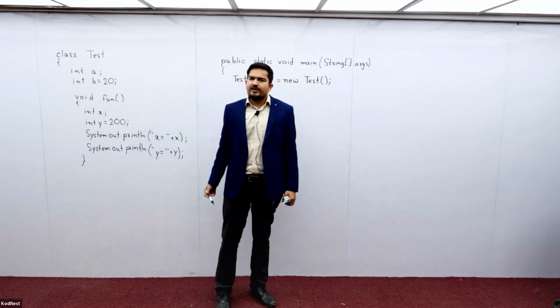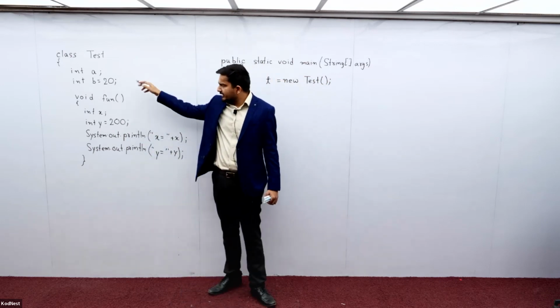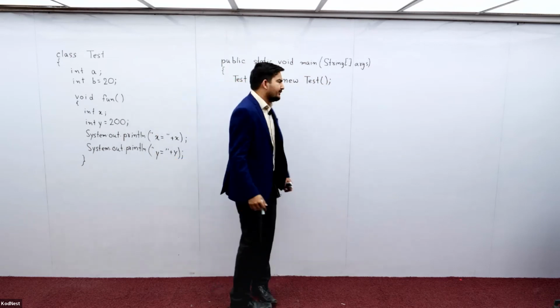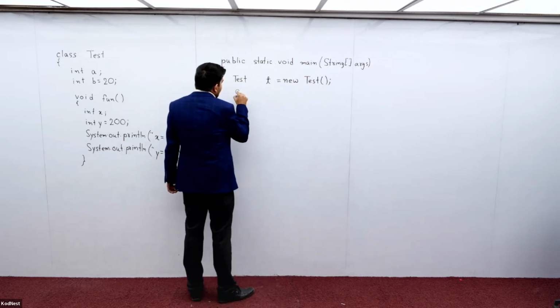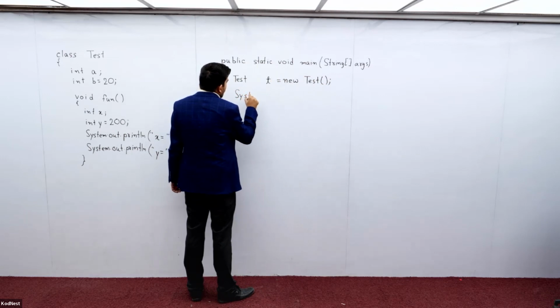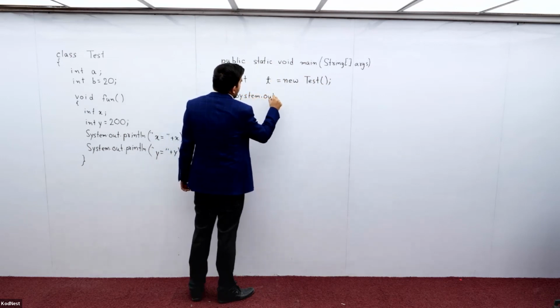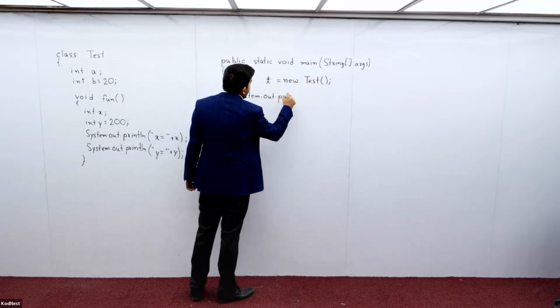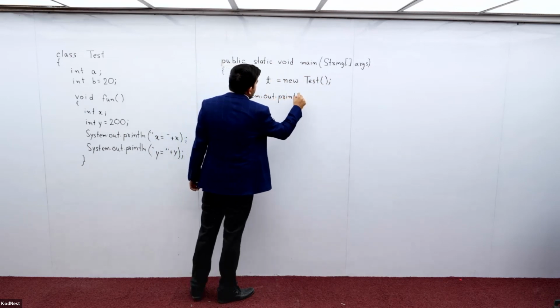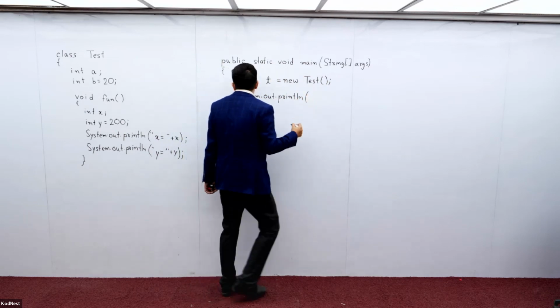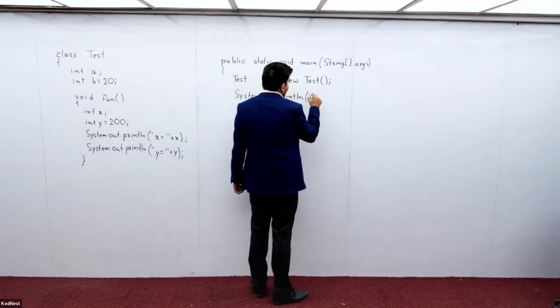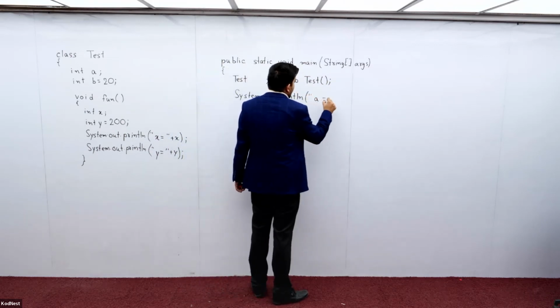Now maybe what I will do is, first I will try to print the value of the two variables a and b. Maybe I am going to say System.out.println. Maybe I am going to say "the value of a is equal to" as a message.